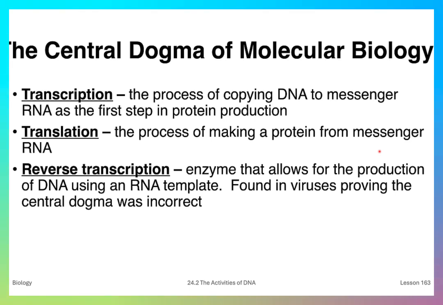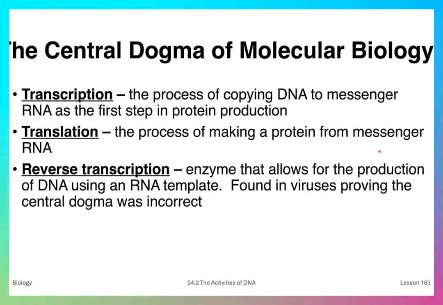It turns out that with the discovery of viruses, there were a certain set of viruses found that were RNA viruses. RNA viruses are viruses that, when they're done reproducing, only contain RNA. Well, the only way that is possible is if the virus can use the RNA to produce new DNA in the host, and the only way you can do that is with an enzyme known as reverse transcriptase.